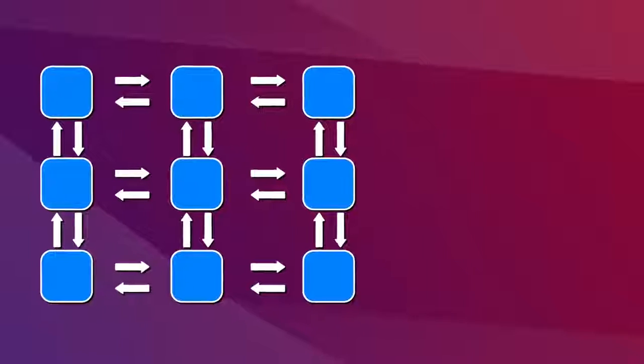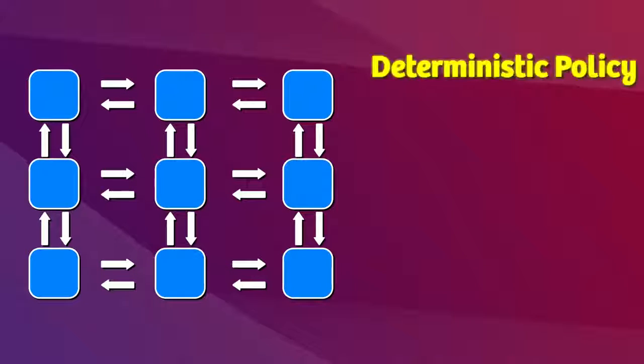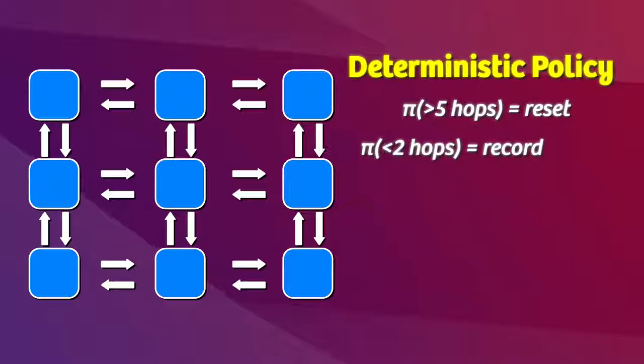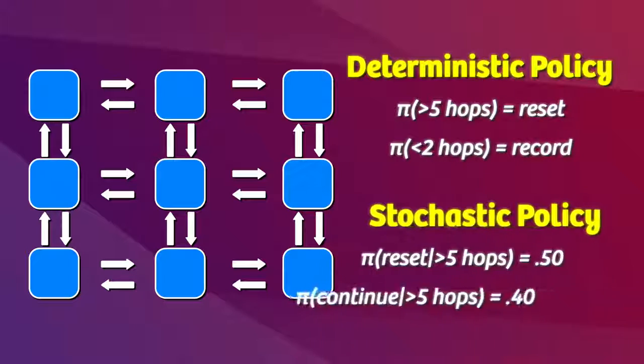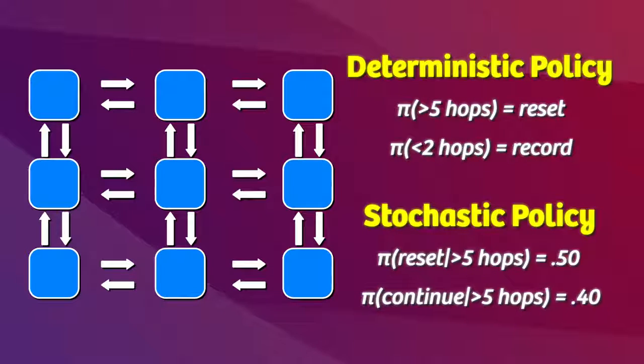Or if the network can achieve a transfer in 2 hops or less, record that in an activity log for later analysis. A stochastic policy would say something like, whenever the network requires more than 5 hops, reset the process with a 50% probability, or continue routing with a 40% probability, and otherwise continue operating as per normal.